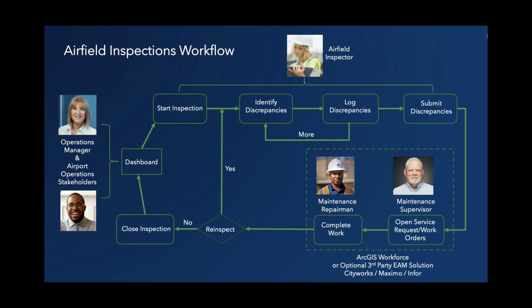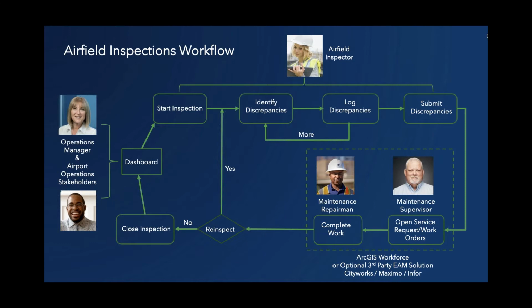Once the inspections are completed and all the discrepancy details are captured, the data from the inspection can be transferred electronically into one of the workforce management systems that I mentioned, and then the workforce management system automatically creates work orders or service requests.